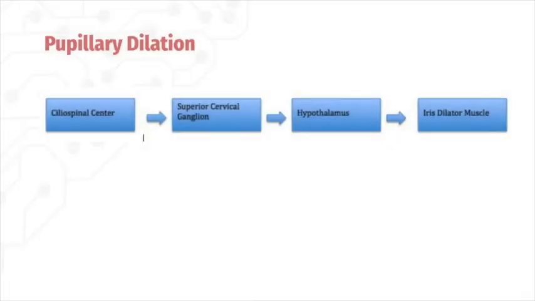Dilation has a different pathway compared to pupillary constriction. Dilation is controlled by the dilator pupillae, in contrast to the iris sphincter muscle for pupillary constriction. Sympathetic innervation begins at the cortex with the first synapse at the ciliospinal center.